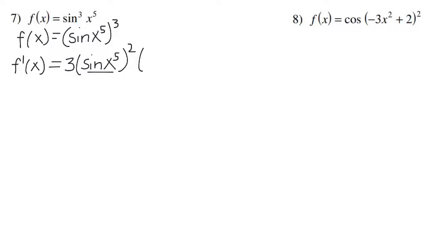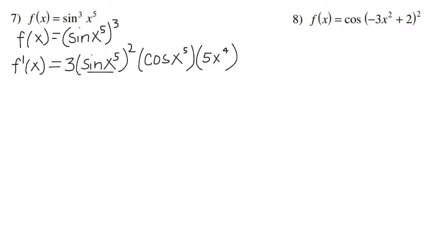It's going to be cosine of the angle times the derivative of the angle. What's the derivative of the angle? 5x to the 4th. Look at that mess. Now you're finished with it. Look at what happened when the exponent was on the trig function. A lot of stuff had to happen there. That's true every time.